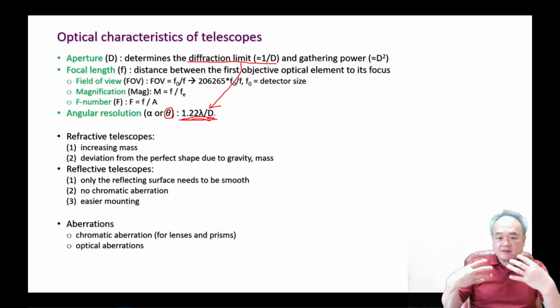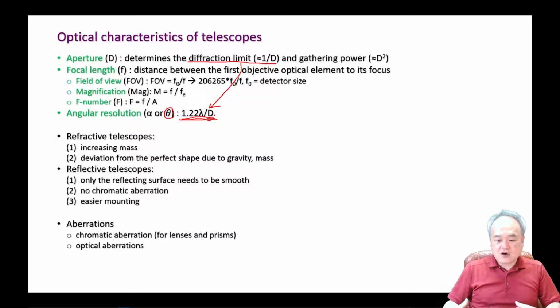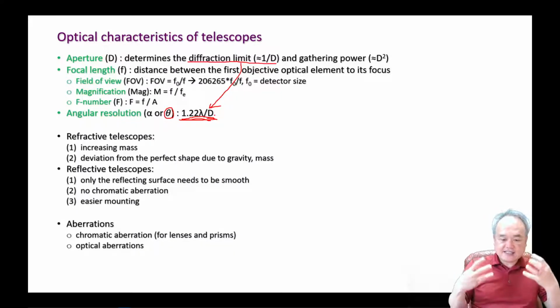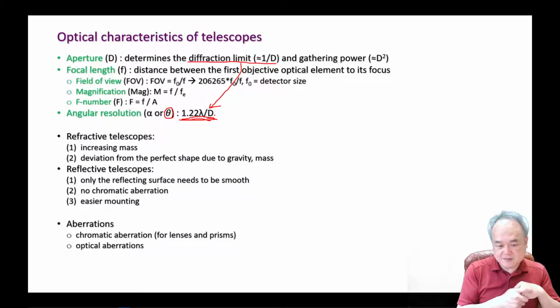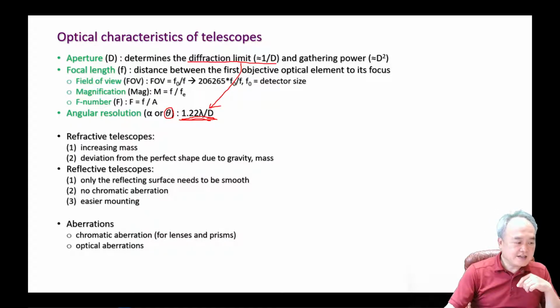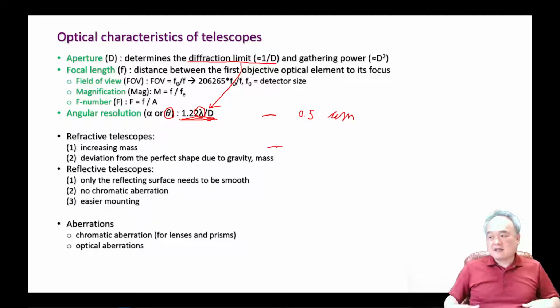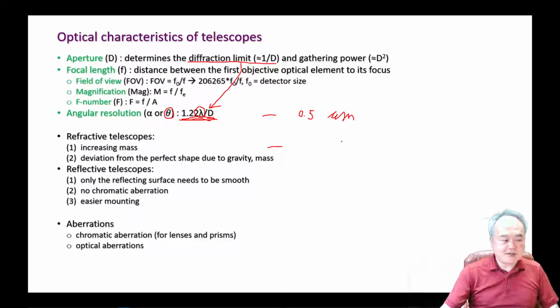So for the given wavelength, the larger the telescope, the smaller the diffraction limit, meaning that you can create crisper and sharper images. And also this wavelength dependency is important, because for the optical wavelengths, say lambda is something like 0.5 micron, that's the optical wavelengths, versus say a mid-infrared observation.